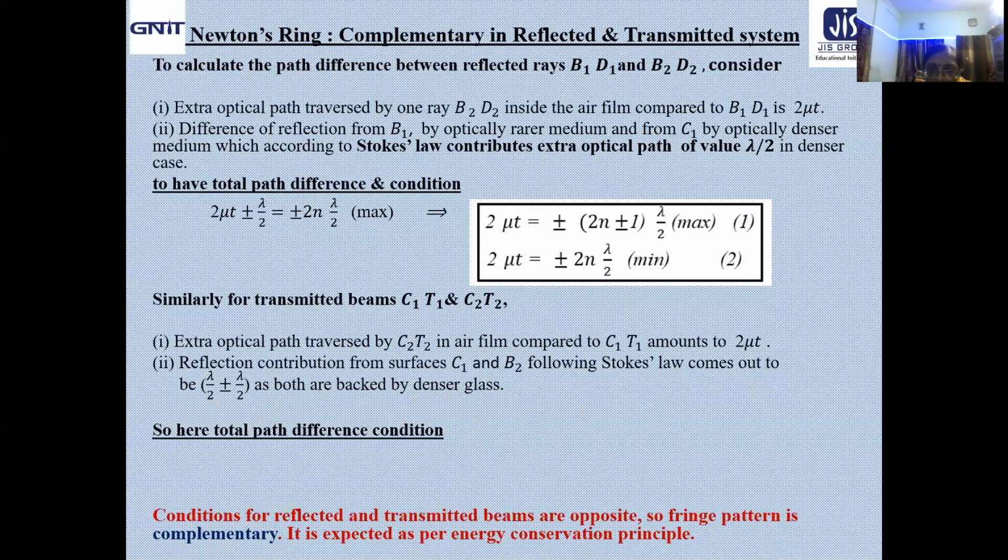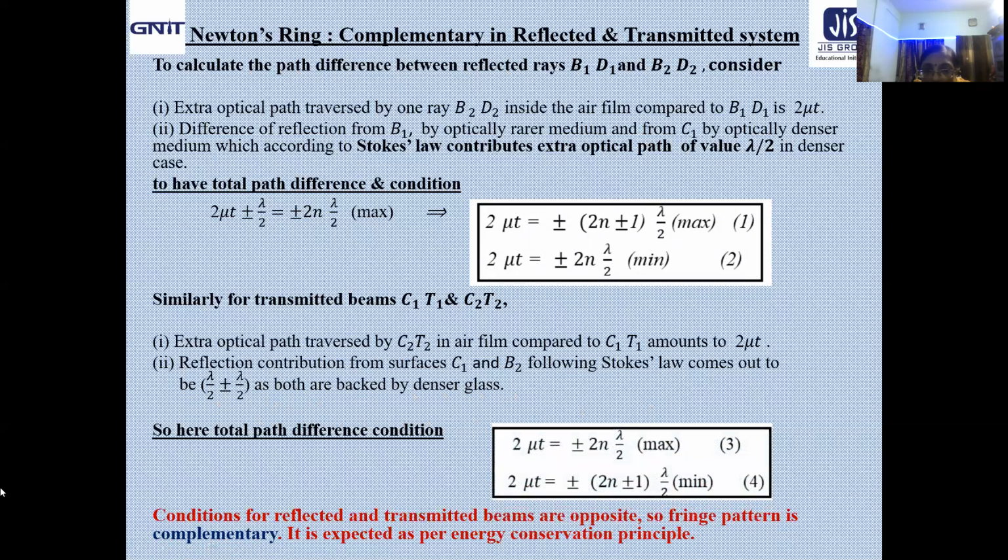So here the condition in terms of path difference will be twice mu T equal to plus minus 2n lambda by 2 as the condition of maximum, and twice mu T equal to plus minus 2n plus minus 1 lambda by 2 as the condition of minimum, because from Stokes' law consideration here we are getting lambda by 2 from both C1 and B2, which we got only once in the case of the reflected system from C1.